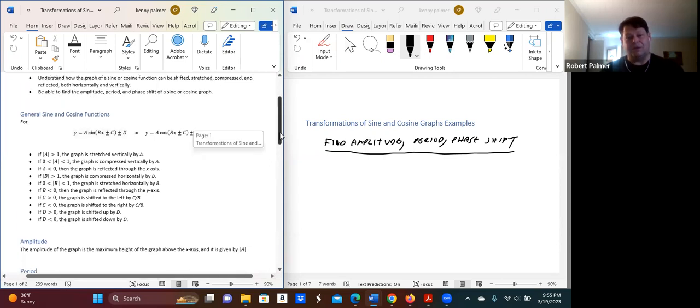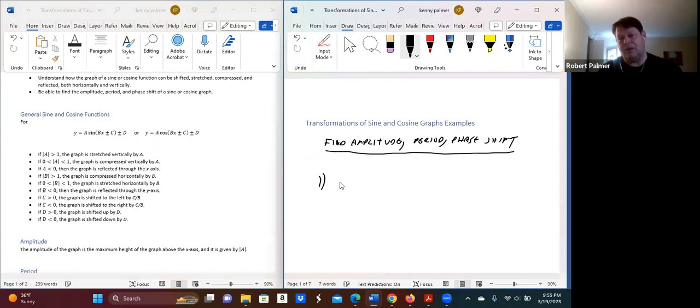Okay, let's come over here then to the right and look at some examples. So number 1, let's say we have y is equal to 2 times the sine of x minus pi. Now we still have to pick out our A, B, and C's here.